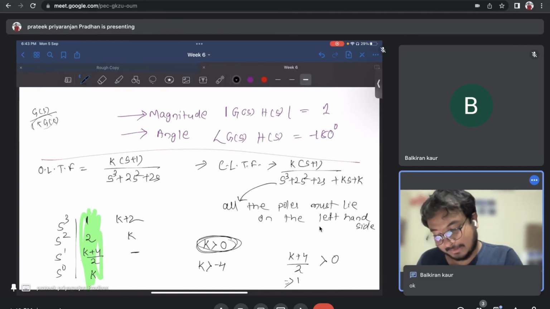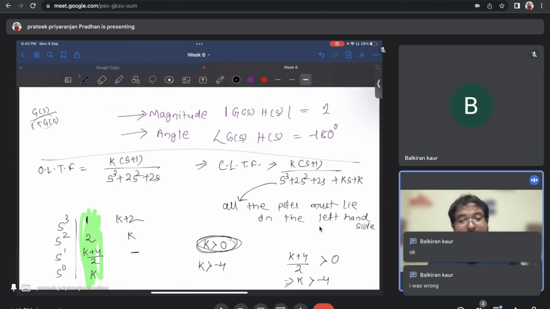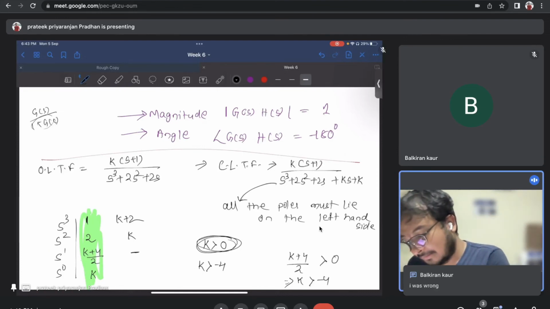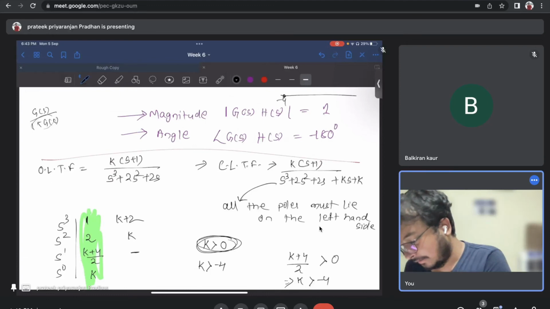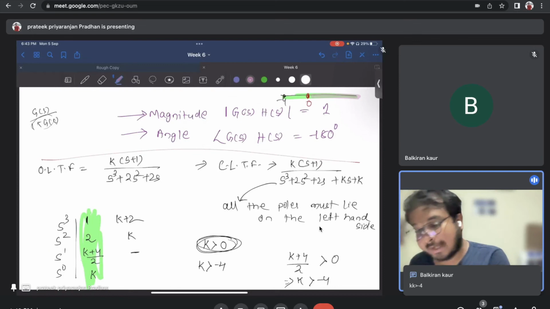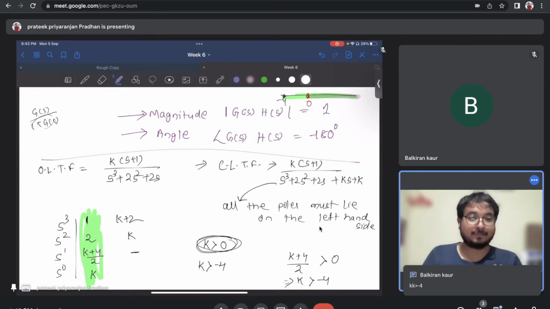That means K should be greater than -4. But it doesn't matter, because when the conditions are K greater than -4, like this path, and K greater than 0, this path, then you have to take the intersection, not the union.